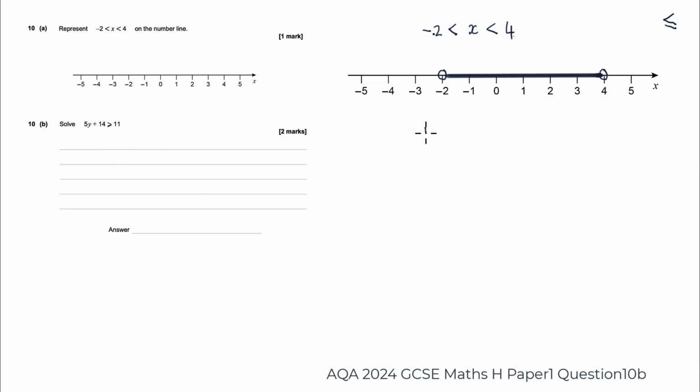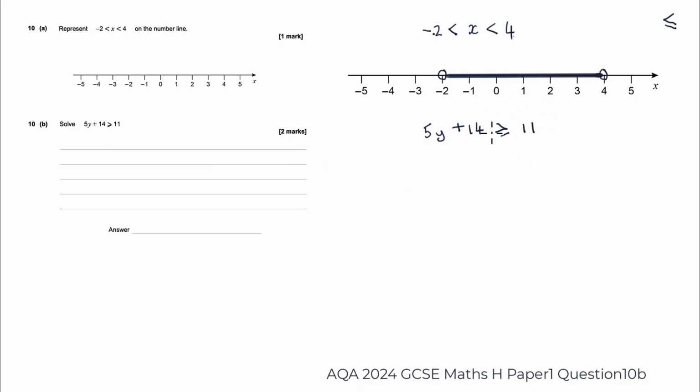So it says 5y plus 14 is greater than or equal to 11. Now we treat this as we would an equation, and remember, if we're saying that this side is greater than or equal to this side, anything we do to this side would have to be done to the other side.